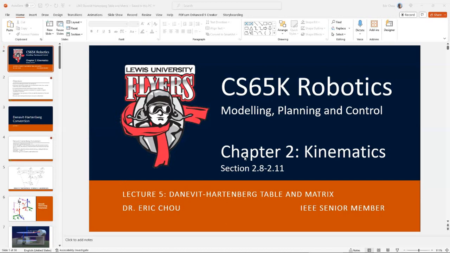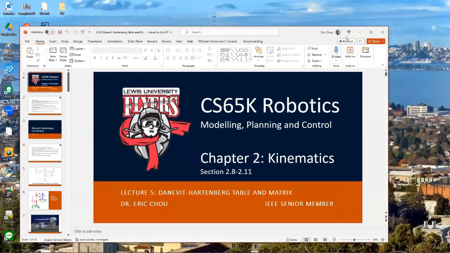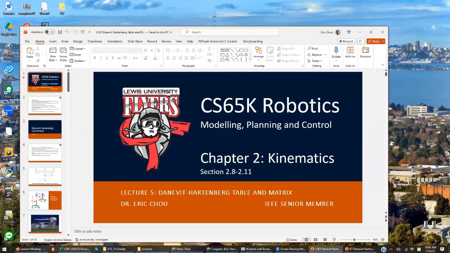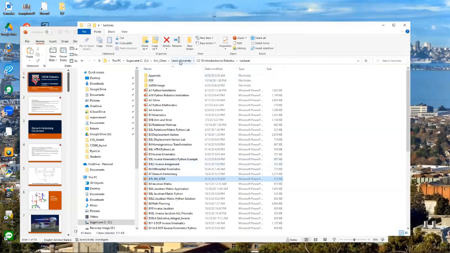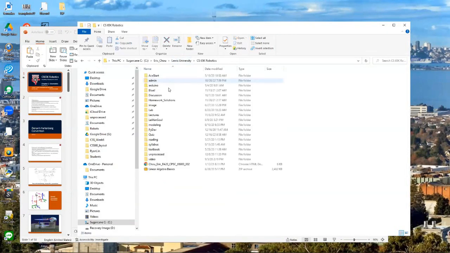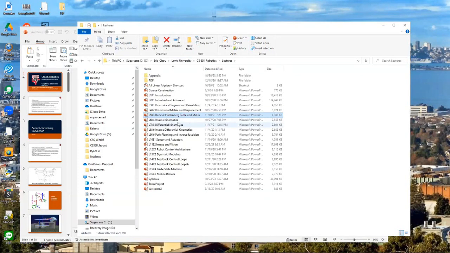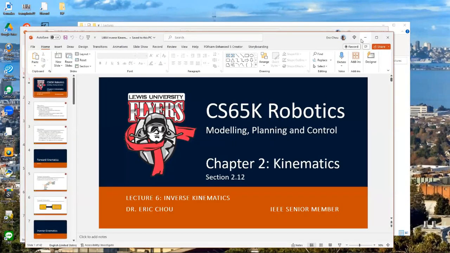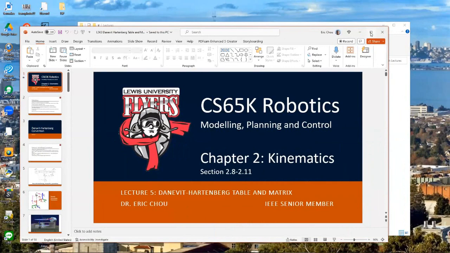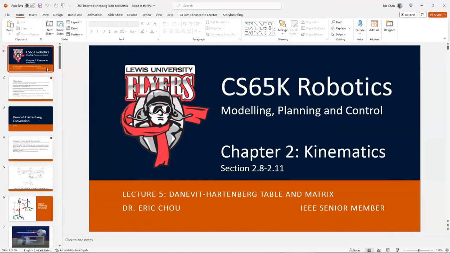So this week, basically, we are on lecture 5 and 6. That is on the Denavit-Hartenberg table and matrix. Lecture 6 is actually on the inverse kinematics. So this week on these two topics.